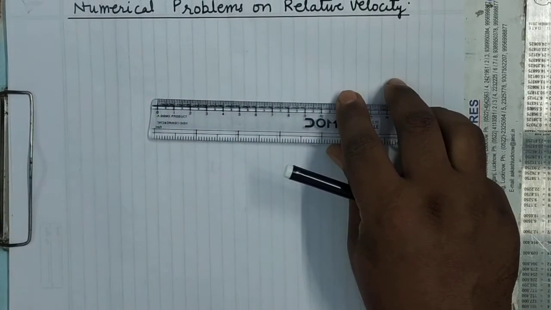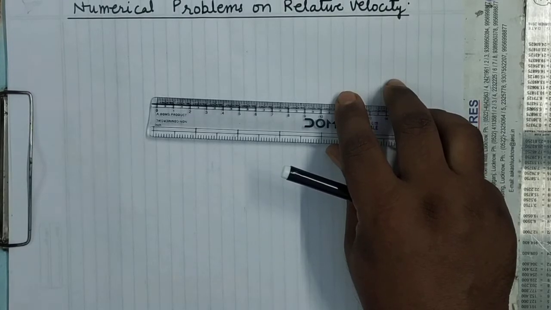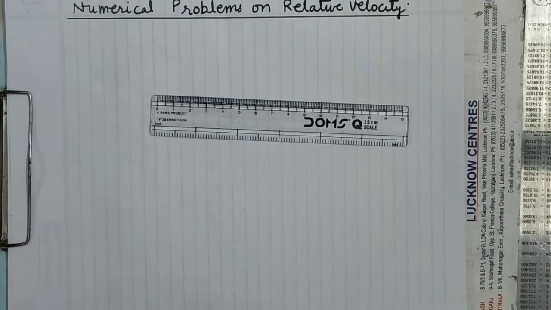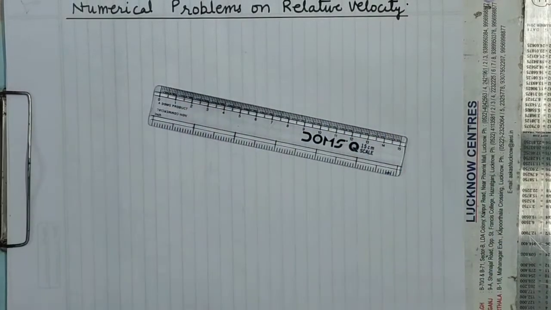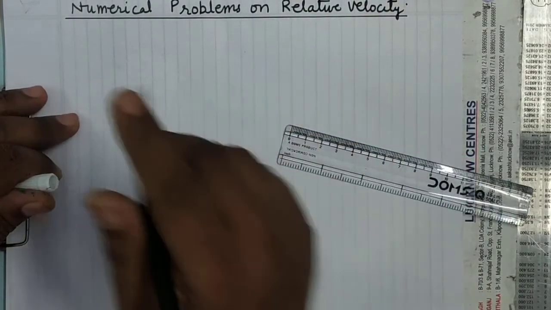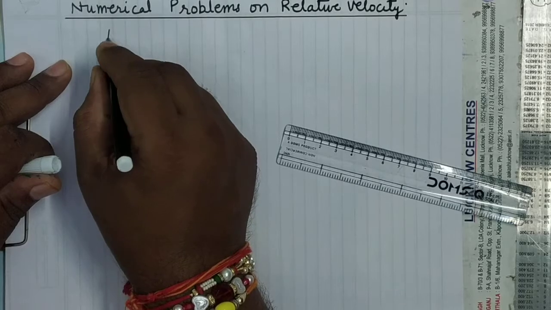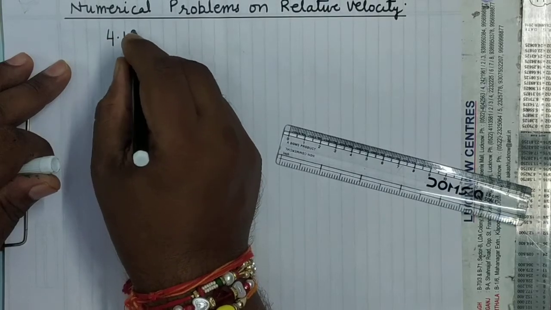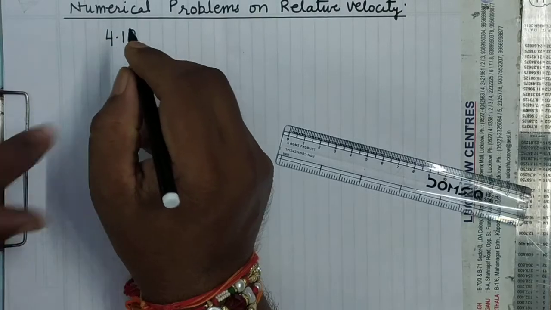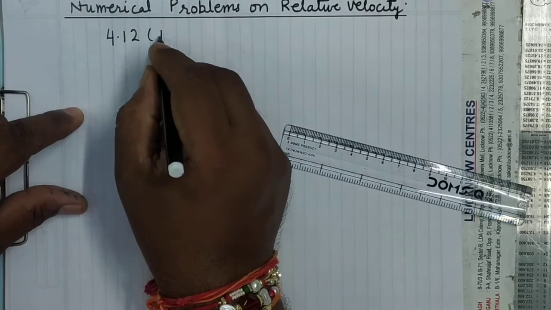Now see, and rain is falling with a speed of 30 meter per second vertically downward. It's clear. So see here, first you mark the direction. Write down these. So velocity of rain, here it is 4.12, NCERT problem.